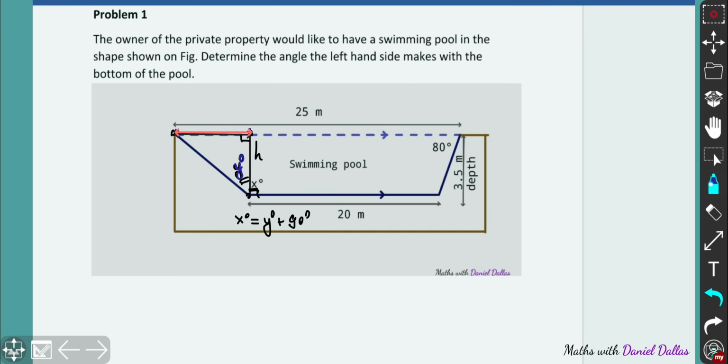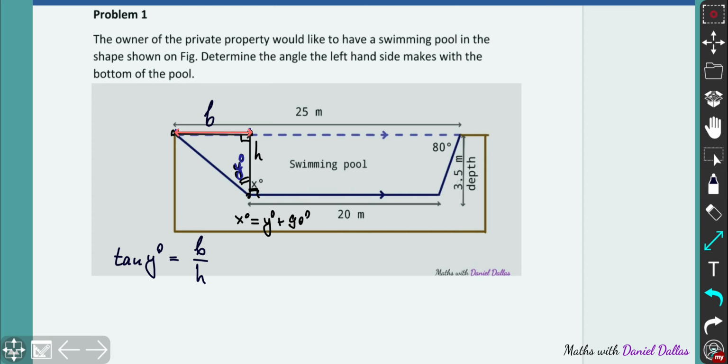If we know that part, we can calculate using a trig ratio. Tangent of y is going to be b over h. So our target sides are b and h, and first of all, we need to find h.